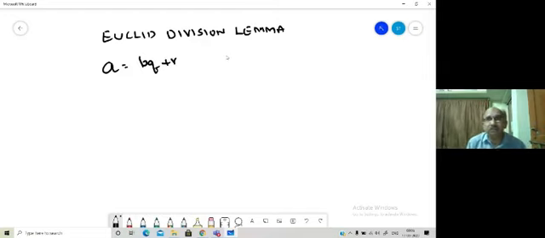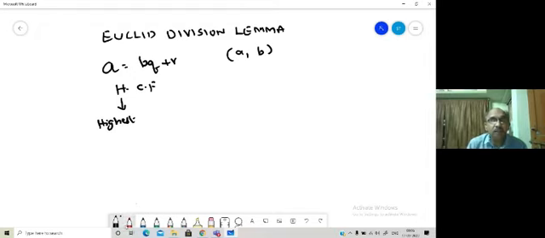Mainly the purpose of Euclid's division lemma is to find the HCF of two given numbers A and B. This is one method to find the HCF. What is the meaning of HCF? Highest common factor.